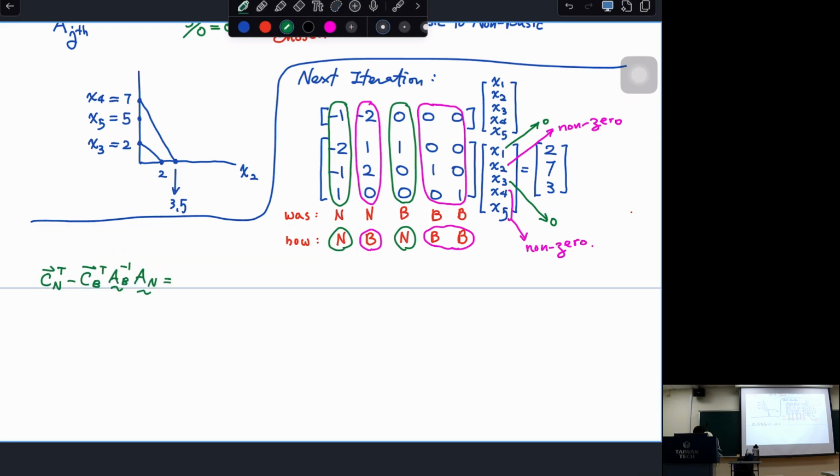Which one is CB? Which one is AB? The pink one. So 1, 2, 0, 0, 1, 0, 0, 0, 1. Inverse. What is AN? -2, -1, 1, 1, 0, 0.